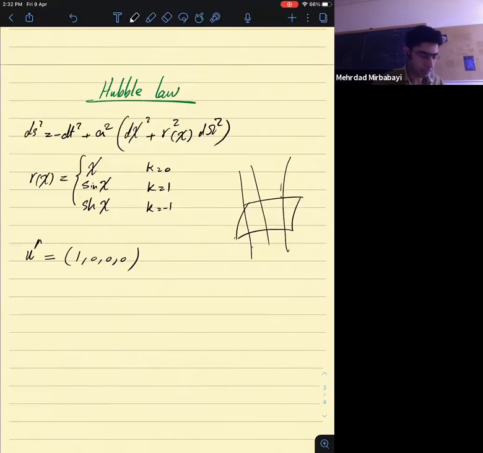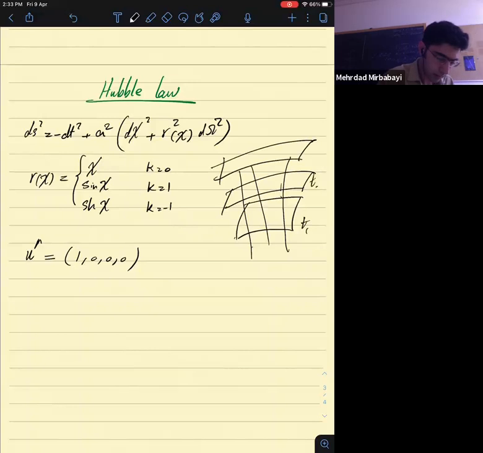Why? Because this is basically how I defined it. I defined this time variable as measuring the time of this observer. Therefore, if the proper time of this observer is measuring the t variable that we have, then the velocity has to be this, because the proper time is just t.